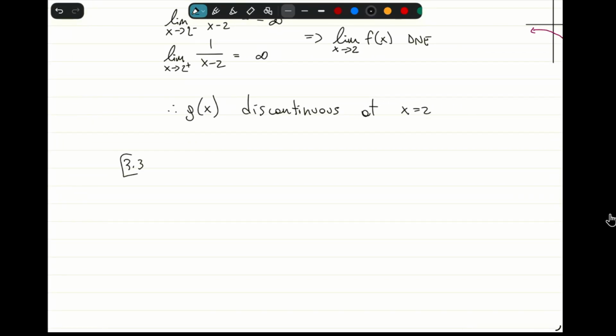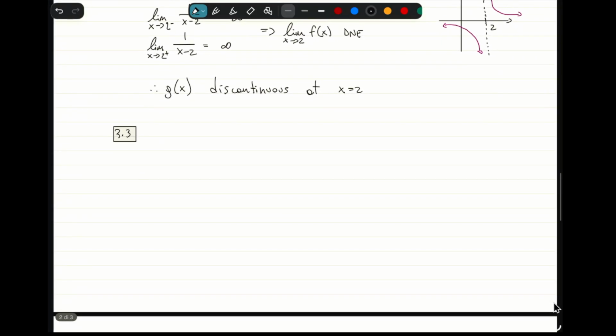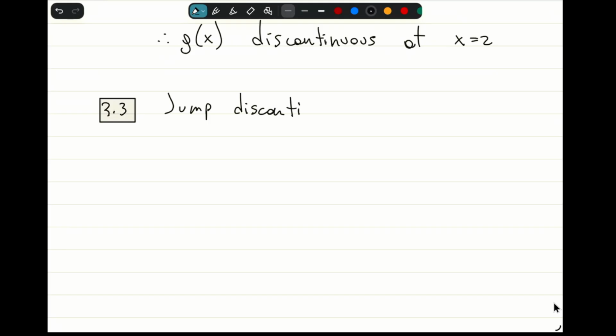Let's check another thing. Let's check jump discontinuity.